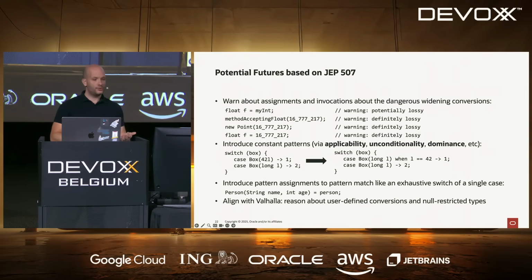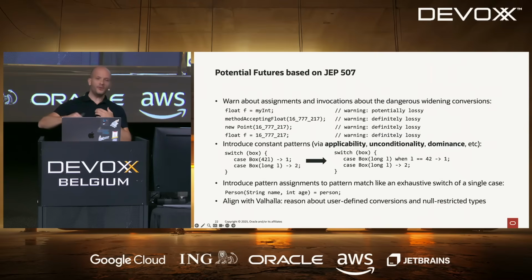And the translation could be based on primitive patterns, because if you have a box of 42L, then this could translate to something semantically equivalent, let's say, to a box of long with a guard when the long is 42. I missed the L. And this could be a valid direction for us.